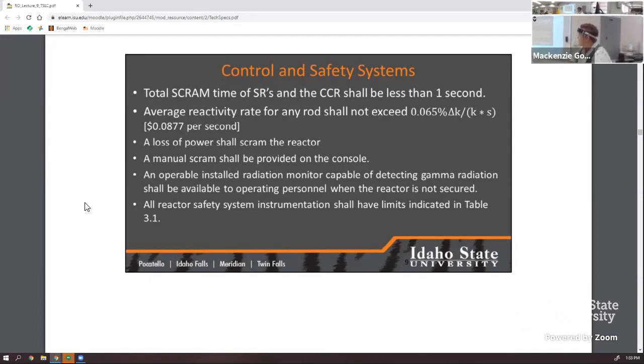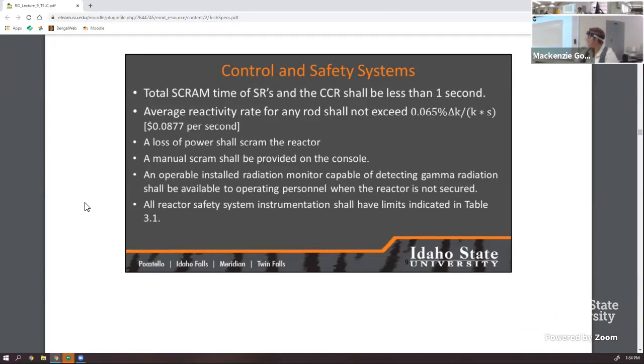It is telling you you have to have a manual scram. If you don't have power in the facility, you're going to automatically scram. You're going to have a radiation monitor that's operable. And whenever the reactor is not secured, you have to use that radiation monitor, right?